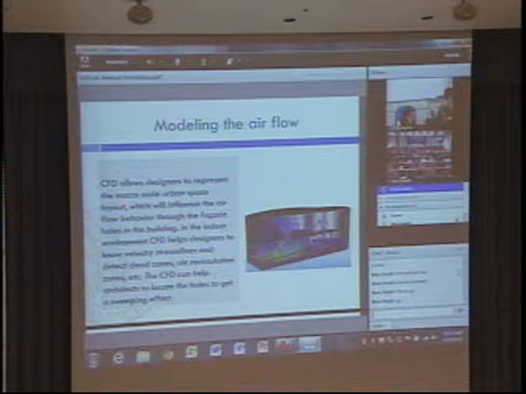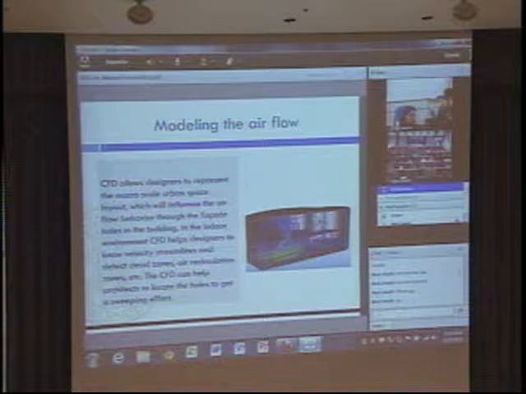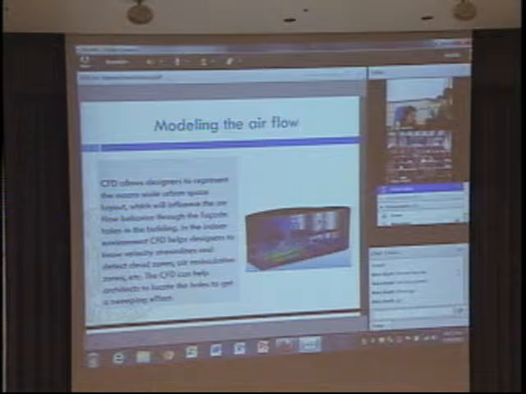CFD, which is computational fluid dynamics techniques, can help us to know the influence of the flow behavior inside the building. The movement of the air, the possibility of dead zones or places in which the movement of air is very small, some recirculation zones or no ventilation parts of the rooms.